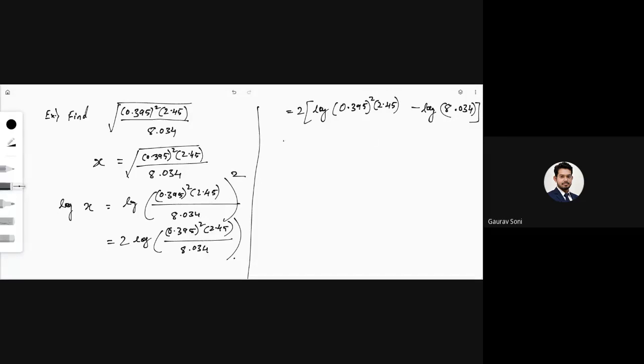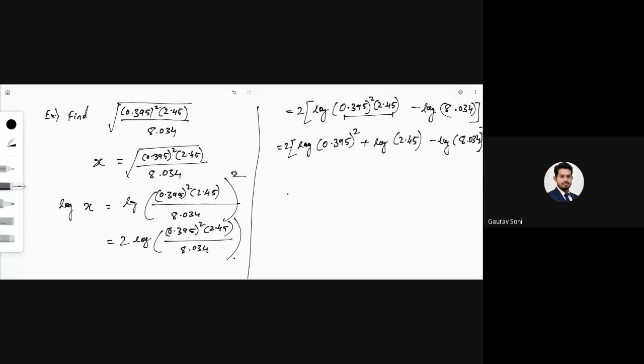Now what else? Here there is a multiplication of two numbers. So again the properties of log says that this product can be written as addition. Log of 0.395 square plus log of 2.45 minus log of 8.034.